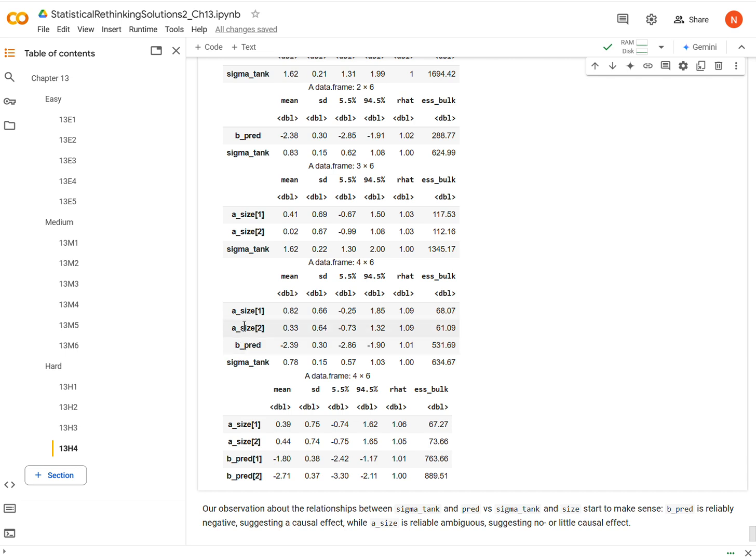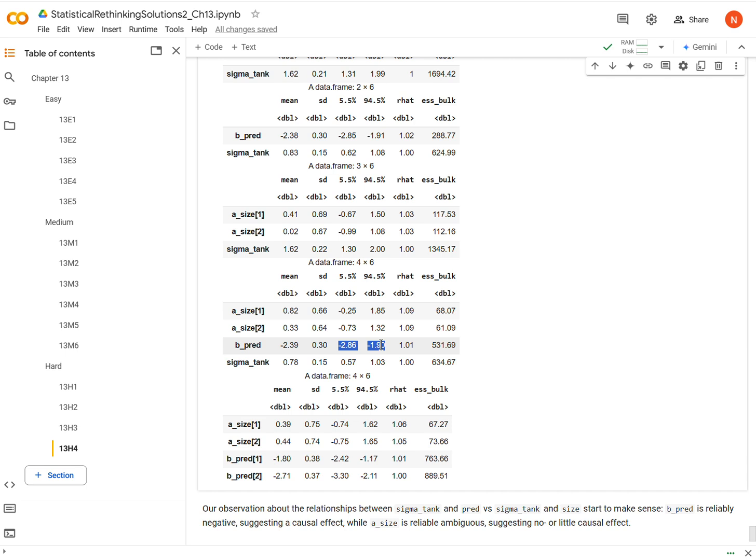And when we have both predation and size in there additively, we see the same pattern: the credibility interval for the size coefficient is pretty ambiguous, but for predation it is pretty convincing that it's negative.